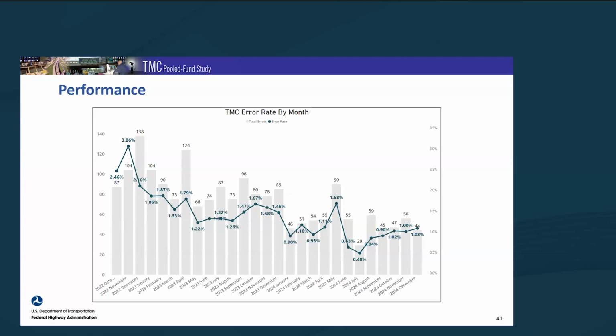So you can see by this chart, this chart is showing the overall TMC error rate since we started this back in October of 2022. As you can see, the total number of errors shown by the bar chart has been going down over time, and then the error rate has also been going down over time, shown by the line chart. And then for us, this just shows us that the performance of the TMC is going in the right direction. We're eliminating errors and reducing the error rate. Next slide, please.